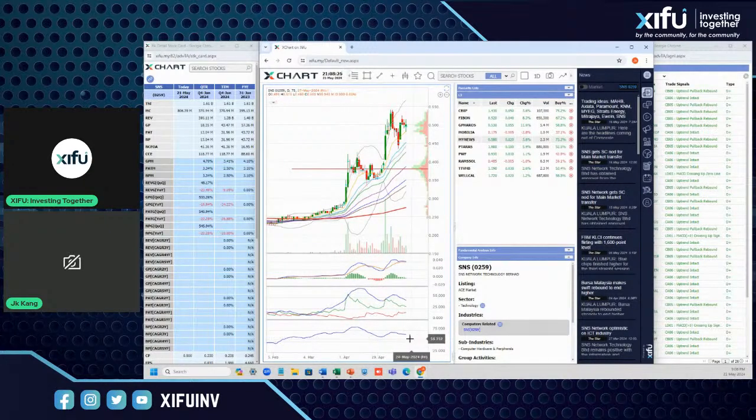So to conclude, if you want to come into SNS, be prepared to stop loss at 46, worst case 43.5. But if you already have a position along this path, stay on. Don't worry, stay on until the worst case 43.5. Then you take your profit.